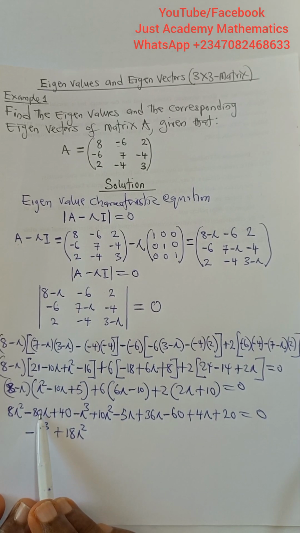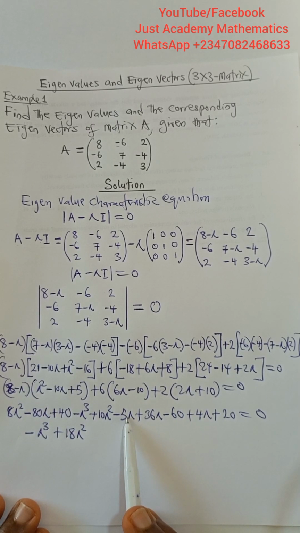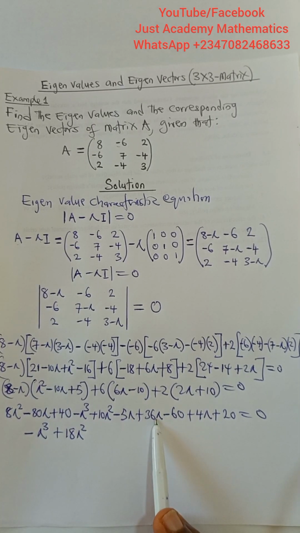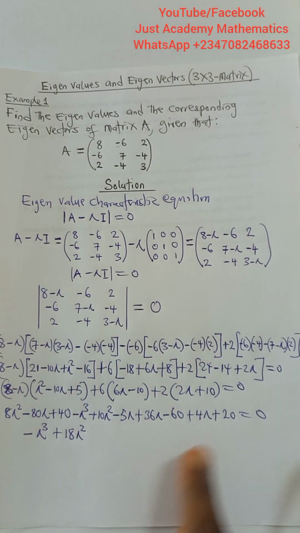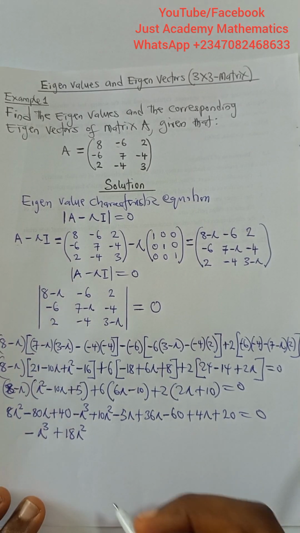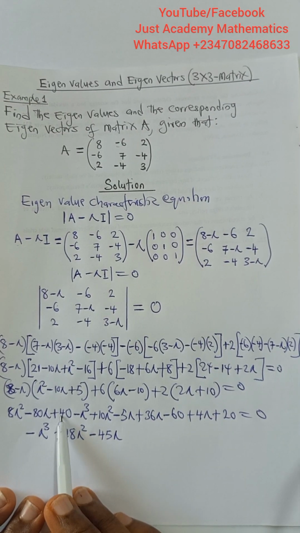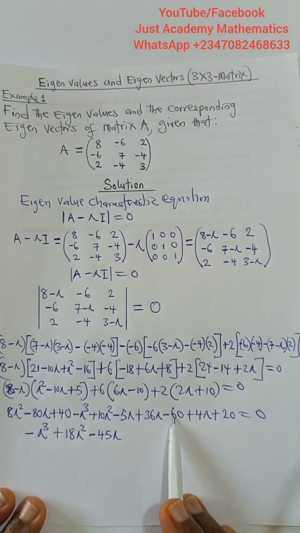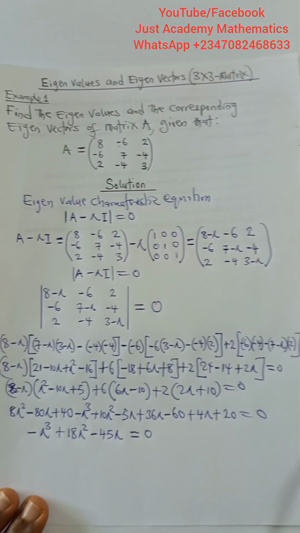Then we have minus 80 minus 5, minus 85, plus 36, plus 36, then plus 4 lambda. That will give us negative 45, minus 45 lambda. 40 plus minus 60 will give me minus 20. Minus 20 plus 20 will give me 0, equals to 0.